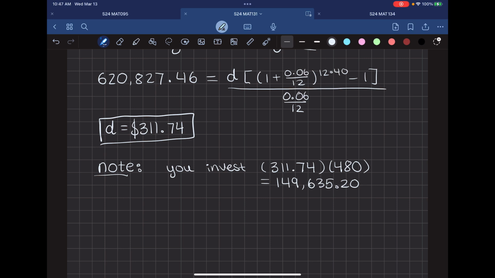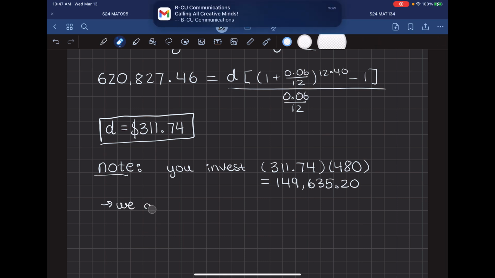And over the course of that saving up, why am I writing A?